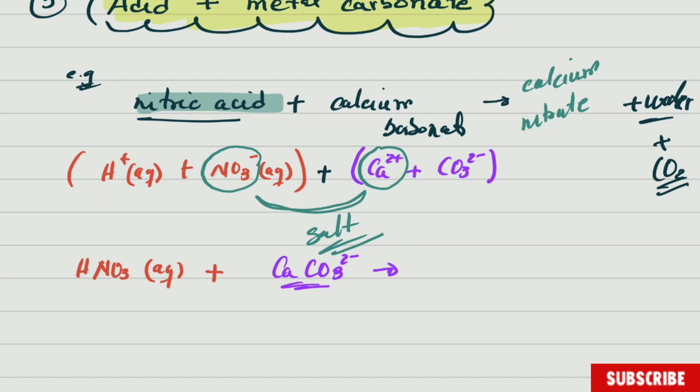When you have those, you see the combination there in green. The salt is going to be the calcium nitrate, and when you combine that one, it is going to be Ca(NO3)2. Right, note the charge there, plus the water H2O plus CO2.